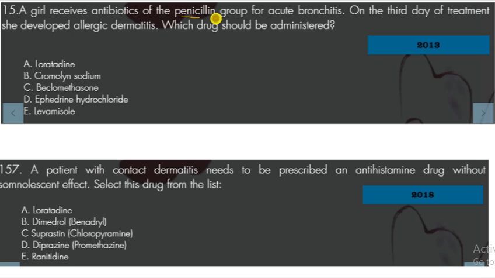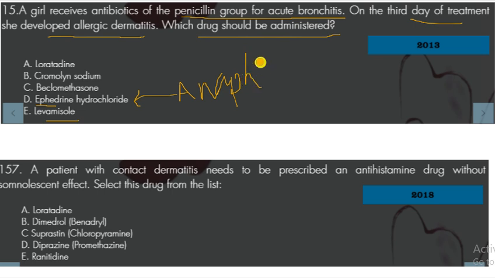A girl receives antibiotics of the penicillin group for acute bronchitis. On the third day of treatment, she developed allergic dermatitis. What drug should be administered? Levamisole? No, it is an antiparasitic drug. Ephedrine? No, it is for the treatment of anaphylactic shock, anaphylaxis.